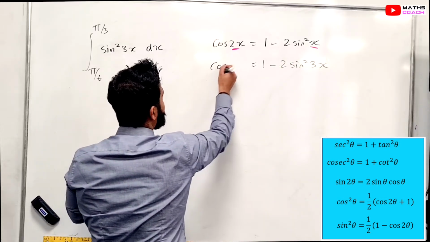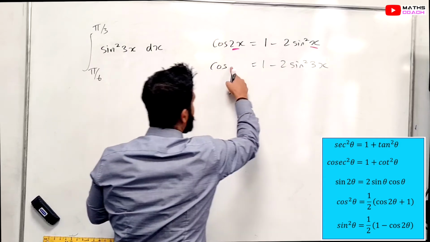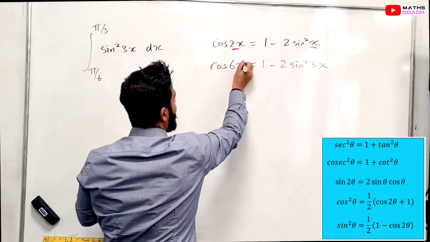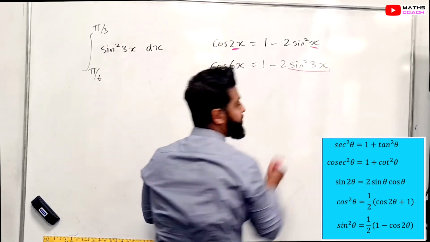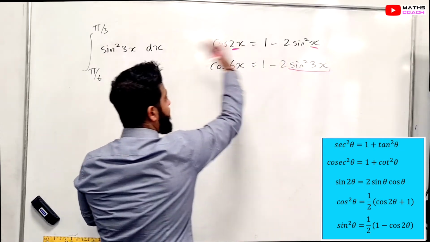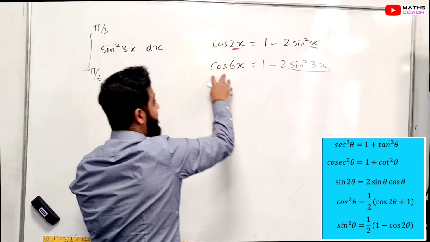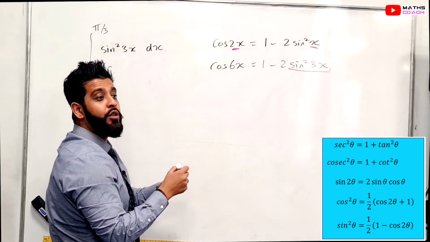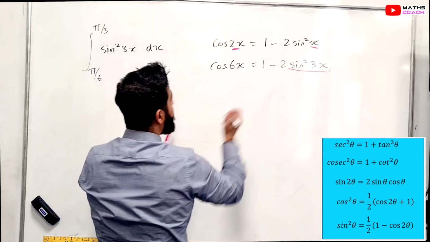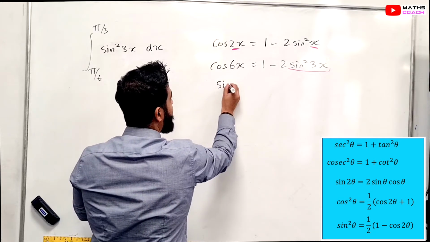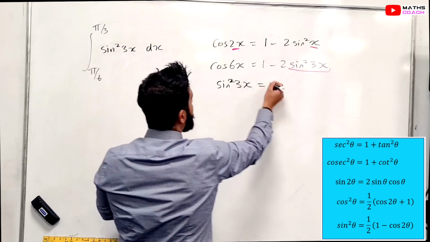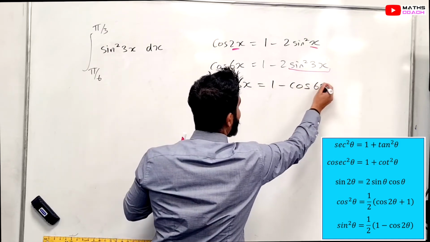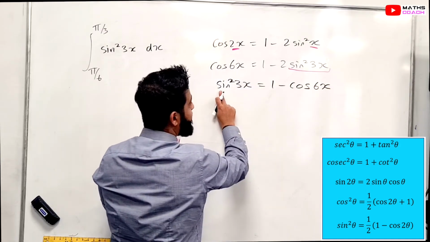Meaning, this will be double the 3, so it's going to be 6x. And we are going to make this the subject by taking all of this over to the other side, taking this to this side, and then dividing by 2, right? So that will be sine squared 3x is equal to 1 minus cos 6x, and then we are going to do the division by 2.